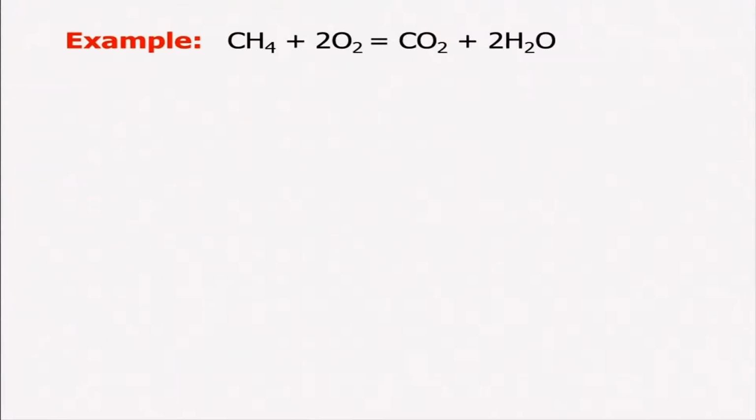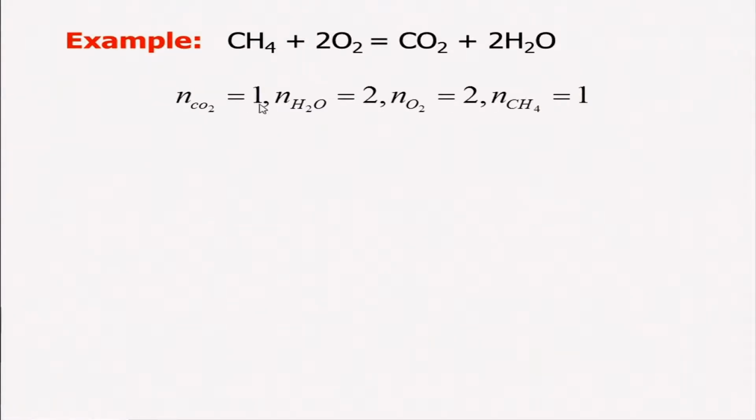So, let us consider an example, again methane. 1 mole of methane is reacting with 2 moles of oxygen, going to 1 mole of carbon dioxide and 2 moles of water. So, in this case, N_CO2 is 1, N_water, that is the number of moles of water, is 2, oxygen is also 2, and methane is 1 mole.